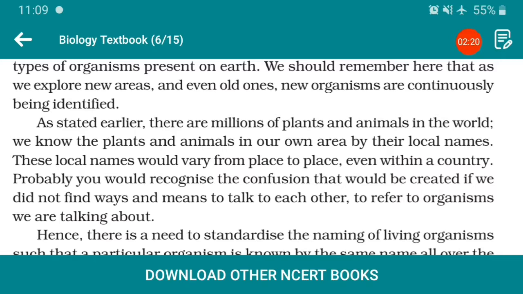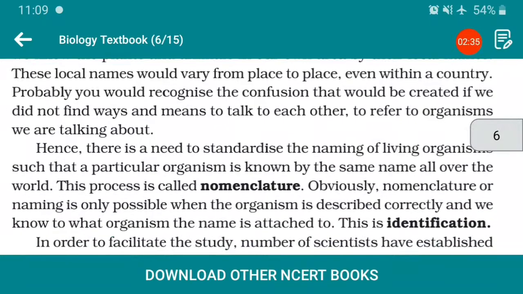Even within a country, you would probably recognize the confusion that would be created if we did not find ways and means to talk to each other. So to refer to organisms, we talk about their names, their nomenclature, and their identification.